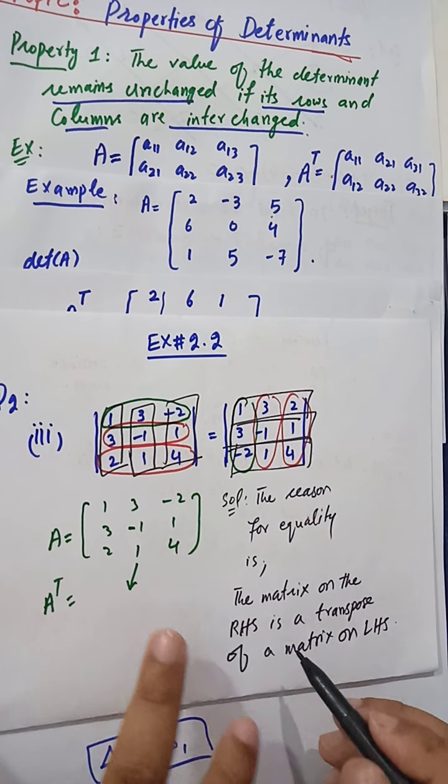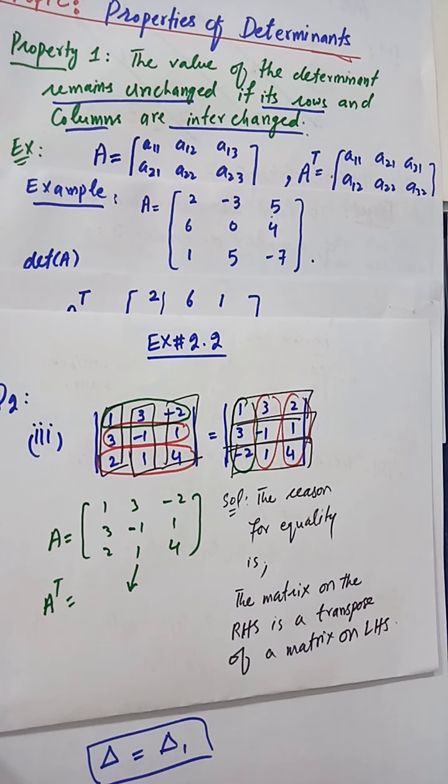In other words, you can write that the matrix on the right hand side is obtained by interchanging rows and columns of the matrix on the left hand side.